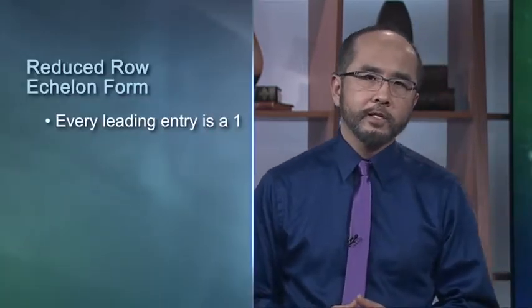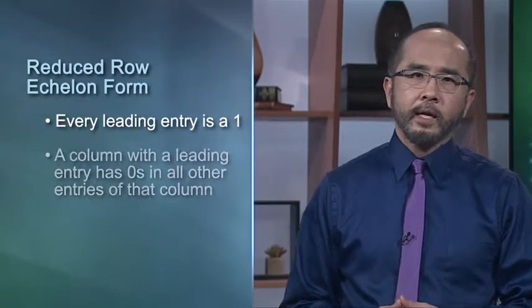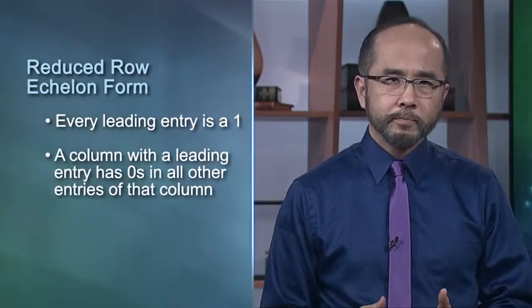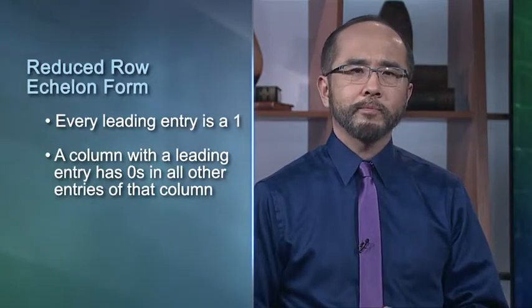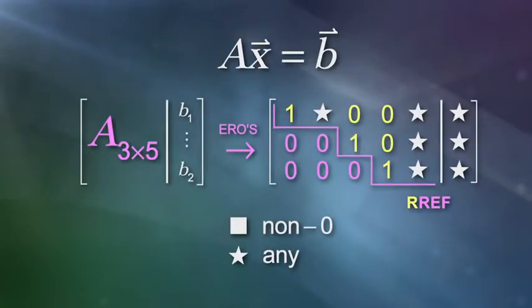Every leading entry is a 1, and a column with a leading entry has zeros in all other entries of that column. This is possible because you can just take row echelon form and multiply rows by non-zero constants to turn the leading entry into a 1. Then you can use a row with a leading 1 to zero out all the other entries in the column with that 1.